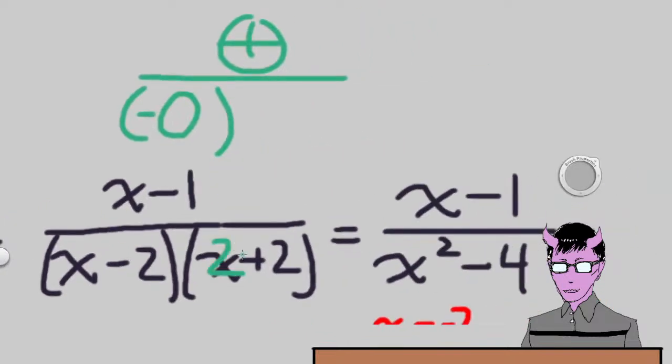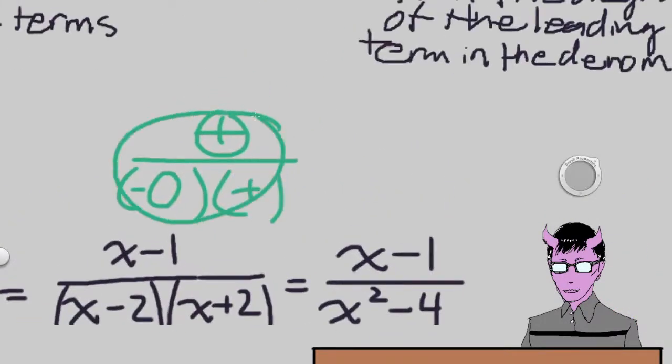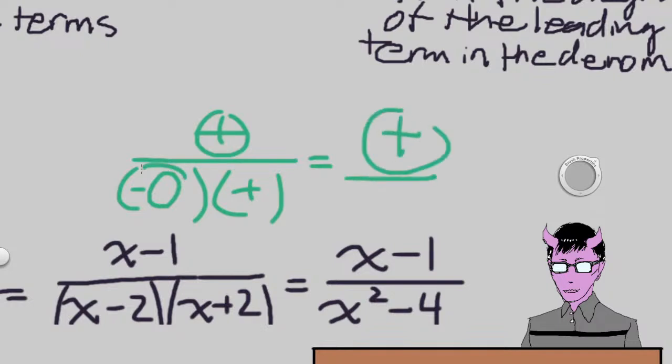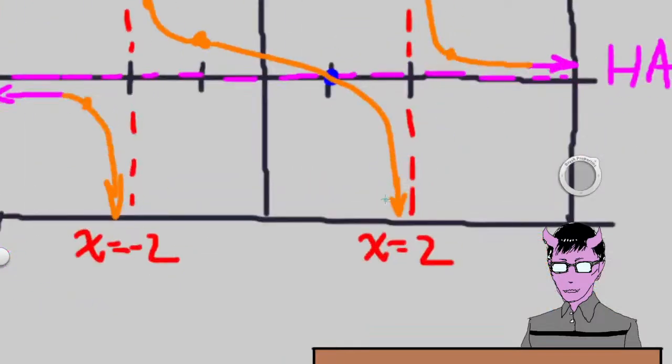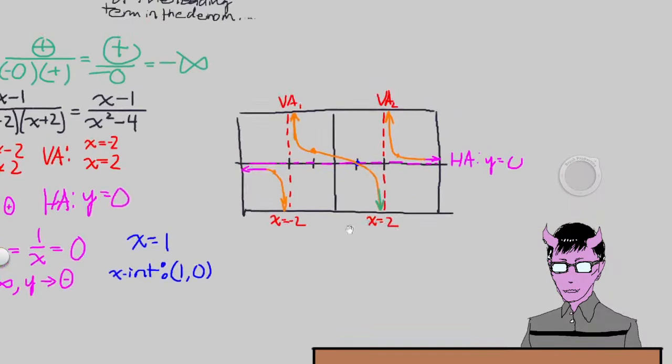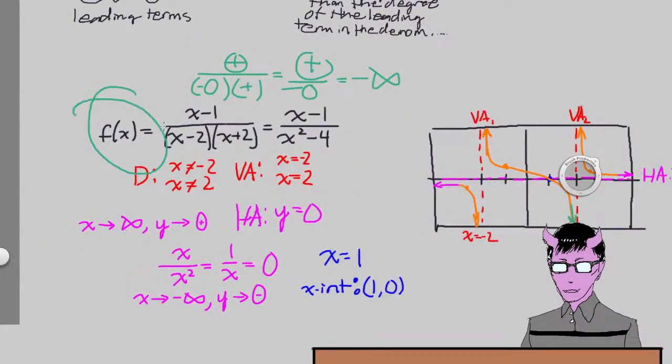You plug in almost 2 here, that's a definite positive value. That's not close to 0. So when you evaluate this idea, the two positives, that's fine, divided by almost 0, but it's negative. Which means it approaches negative infinity, which is why we can justify this downwards trend. So we already knew that from other methods. So we're done graphing this function, f of x.